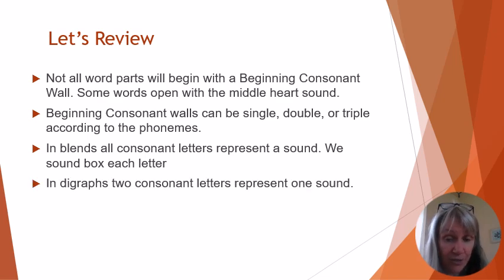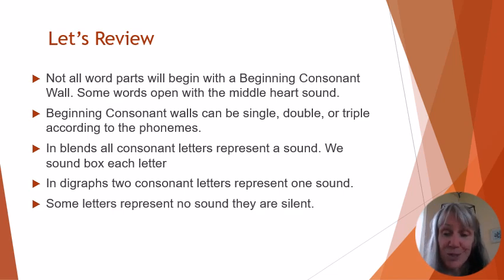In digraphs, we have two consonant letters that we're seeing, but they only represent one sound, one phoneme. So they come together under one sound box. Some letters represent no sound and they are silent, like the K in no and night.